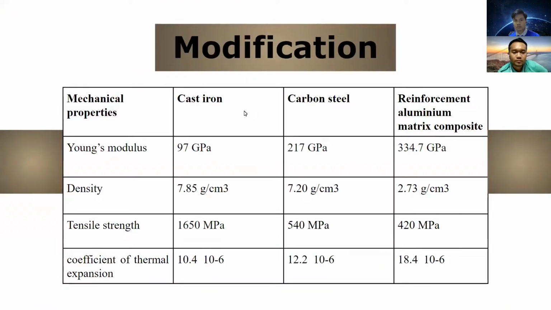Okay. Before the modification, three different materials were chosen for analysis, which are cast iron, carbon steel, and reinforced aluminum matrix composite. These materials were chosen based on the mechanical properties, which are Young's modulus, density, tensile stress, and coefficient of thermal expansion.